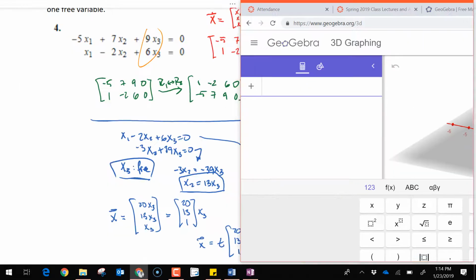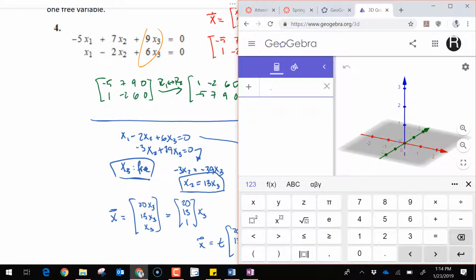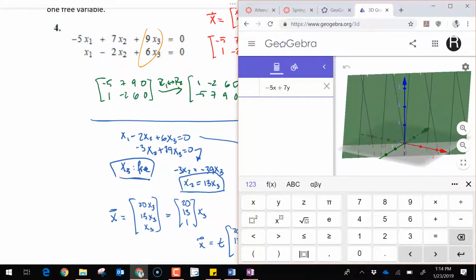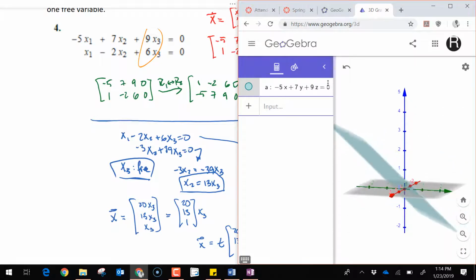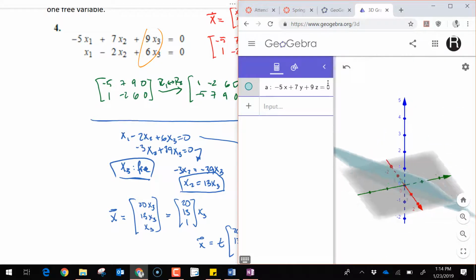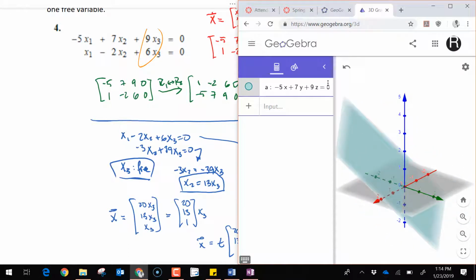What were the equations again? They were minus 5x plus 7y plus 9z is equal to 0. Okay, so what we have here is a plane. And the plane, not coincidentally, passes through the origin.